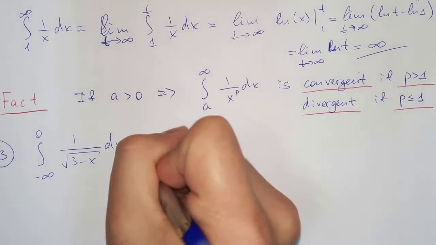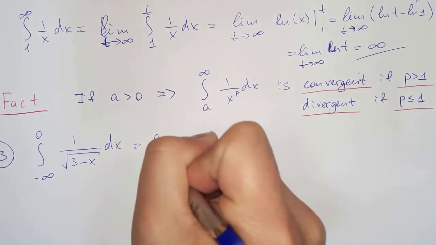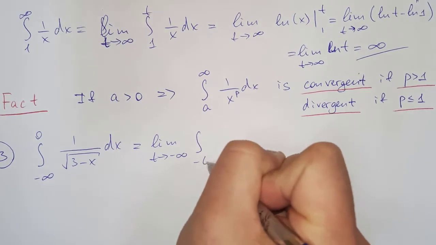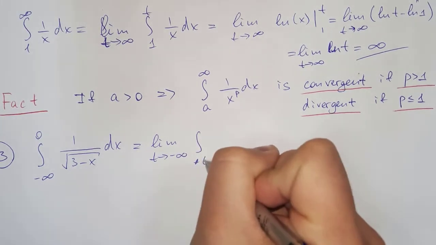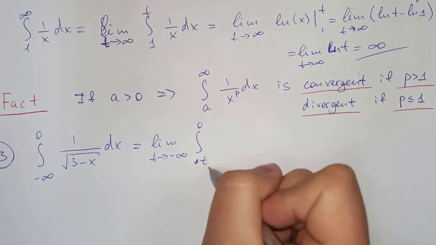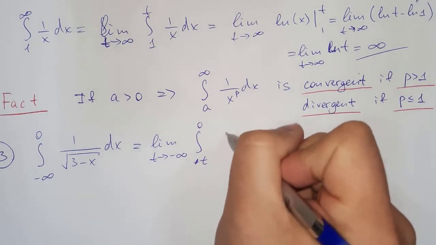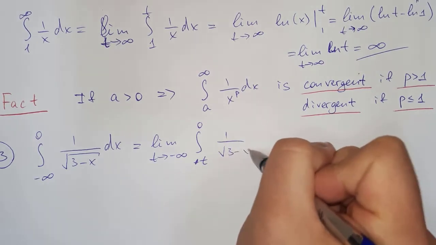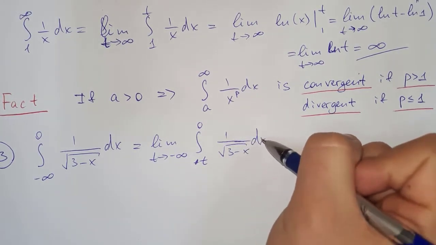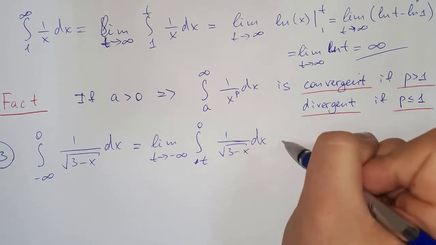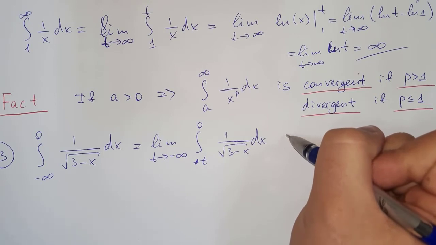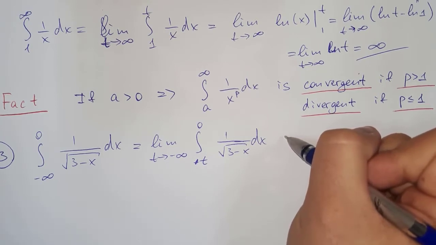So it's equal to limit t tends to minus infinity, integral, sorry, here just from t to 0, of 1 over square root of 3 minus x dx. So the primitive of this function is minus 2 times the square root of 3 minus x.